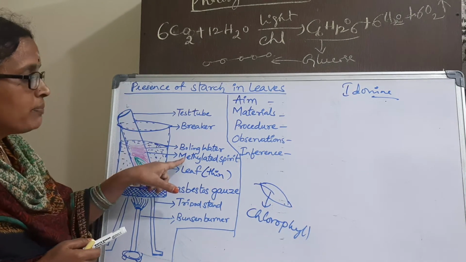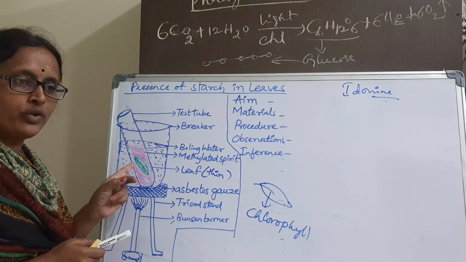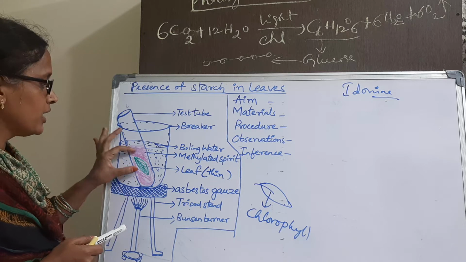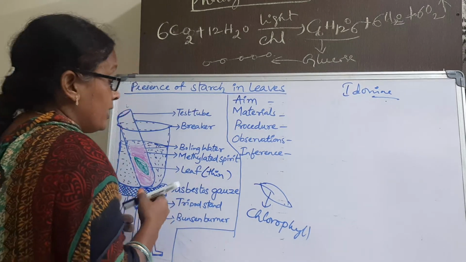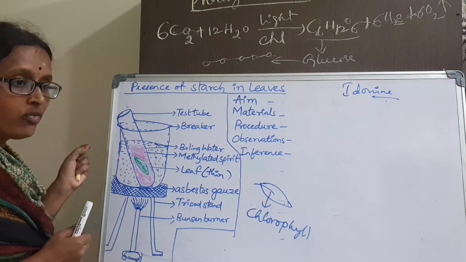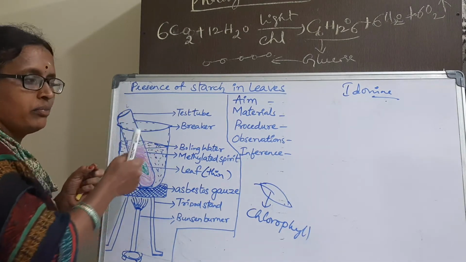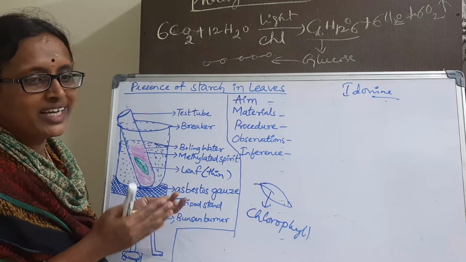So what is the purpose of using methylated spirit? To dissolve the chlorophyll pigments. After some time we will take this leaf. We must be very careful: only with the help of a brush can we take this leaf, because after boiling it becomes more delicate.